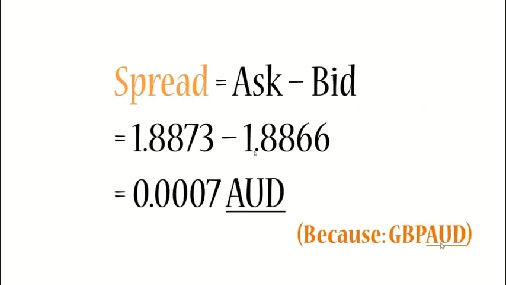So this is also the case. Our base currency is the GBP, so now we're looking at the GBP. We want to trade the GBP, but this GBP is now quoted or valued in Australian dollars. So this is why this is quoted in Australian dollars. You understand? Okay, let's move on and talk about our pips and points.